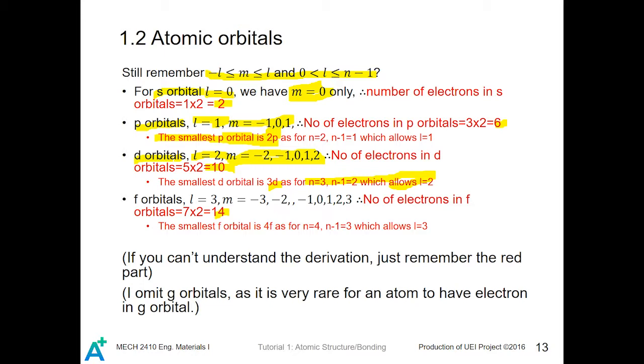For example, the smallest p orbital is 2p, the smallest d orbital is 3d, and the smallest f orbital is 4f. And for g orbitals, it is very, very similar. G orbitals stand for L equal to 4, and it is very rare for an atom to have an electron in g orbitals.